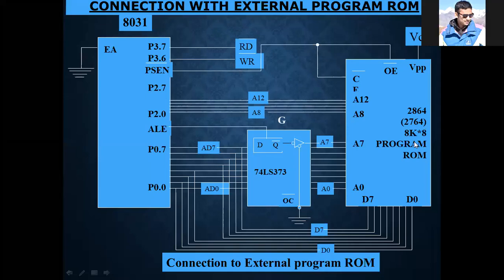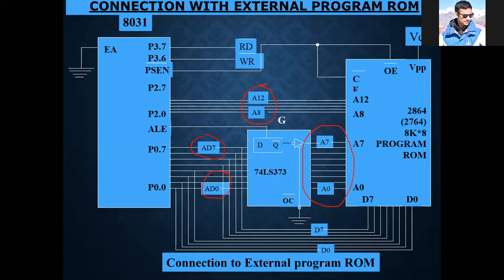Very good. So here also we can see this A0 to A7. So A0 to A7 are connected to this particular ROM from the microcontroller, and A8 to A12 is directly connected. Now, why is this latch given? Because we know that AD0 to AD7 are multiplexed, so they need to be differentiated.